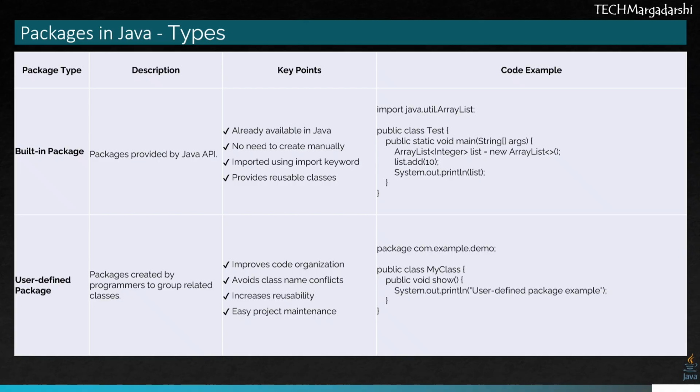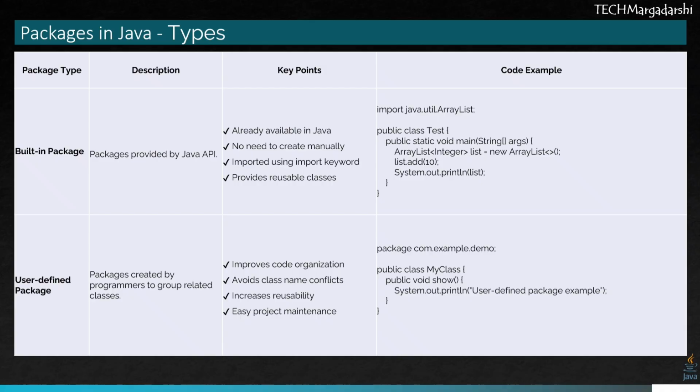We don't need to create these packages. We just import them using the import keyword and start using the classes. In the example shown, we import java.util.ArrayList and use it to store and print values. This saves development time and improves code reusability.